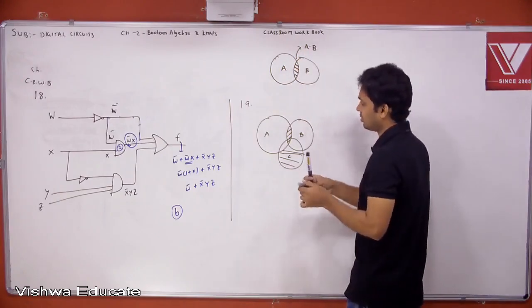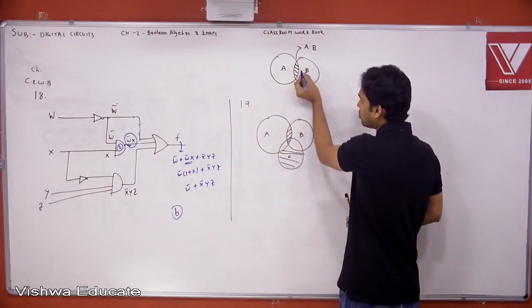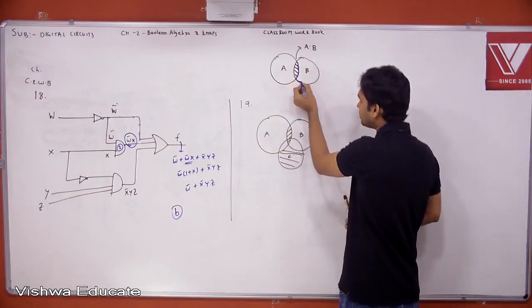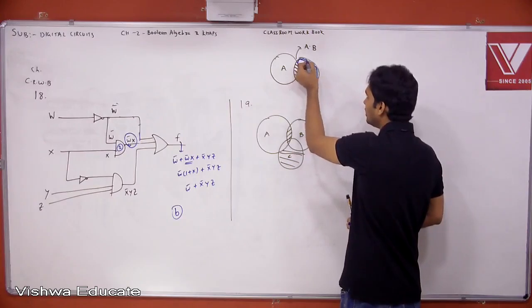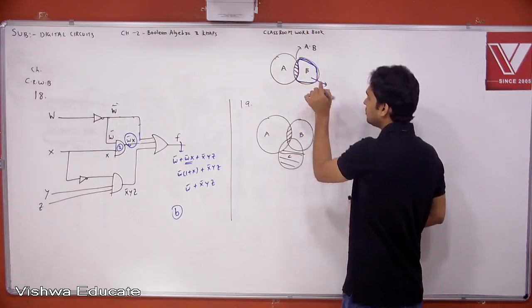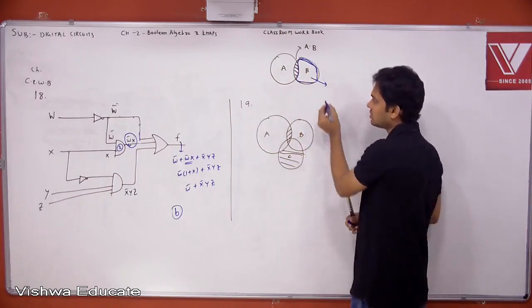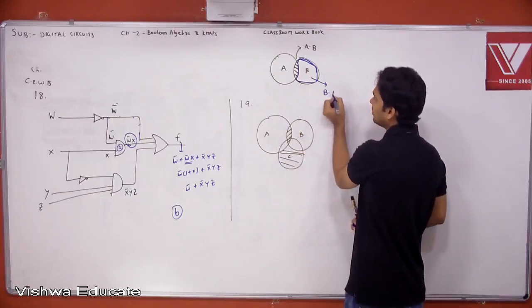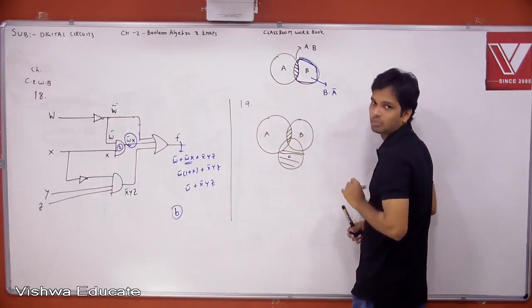This white area, which is only this part, is in only B exclusively but not in A. This is called B but not A, B into A bar.